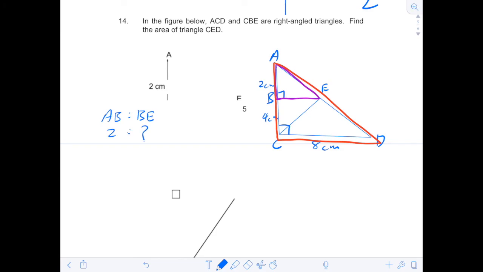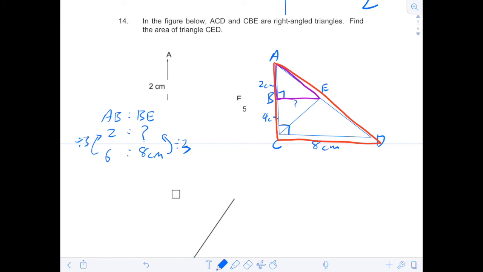But we know that as AB extends further into AC and AE extends further into AD, the ratio between AC now will be 6 cm and BE becomes CD, so it becomes 8 cm. So from here to here, we divided by 3, and from the bottom up, we also have to divide by 3. This is actually to find the question mark here, which is this length.